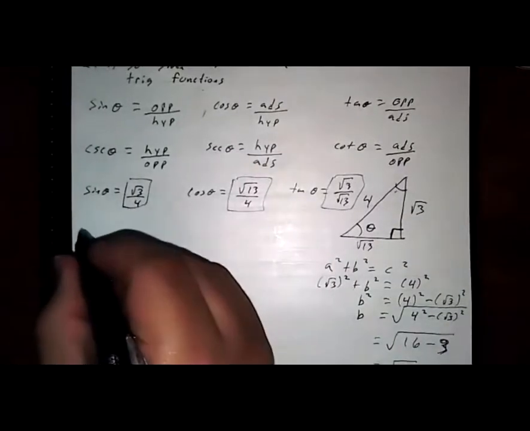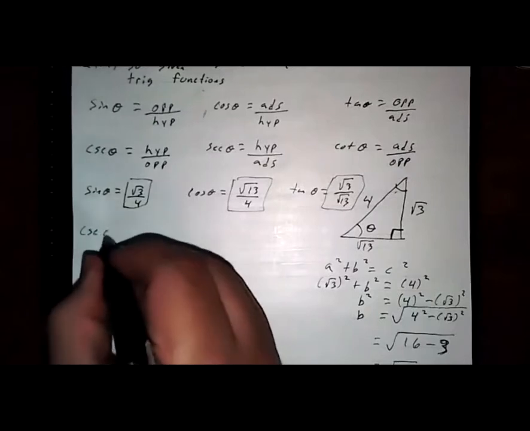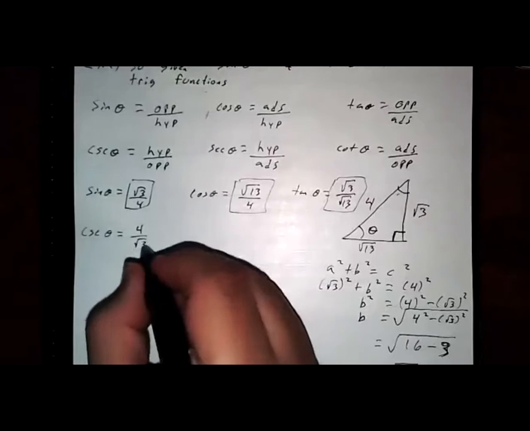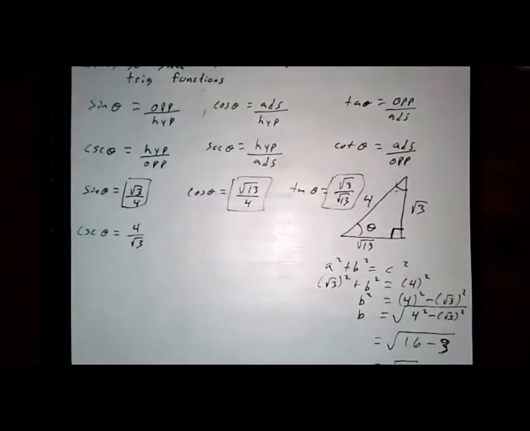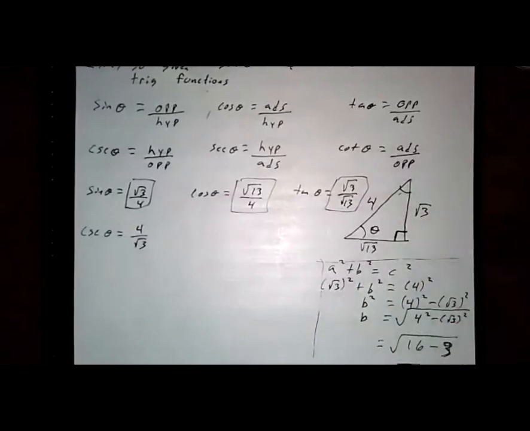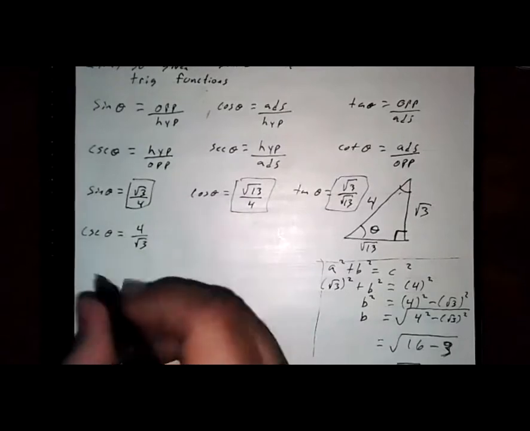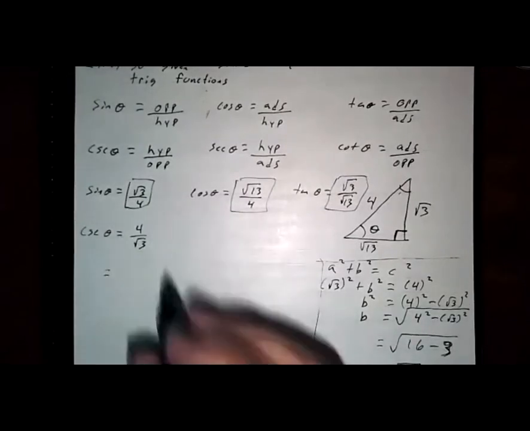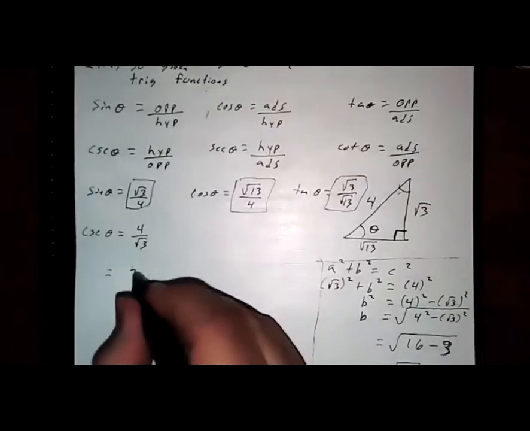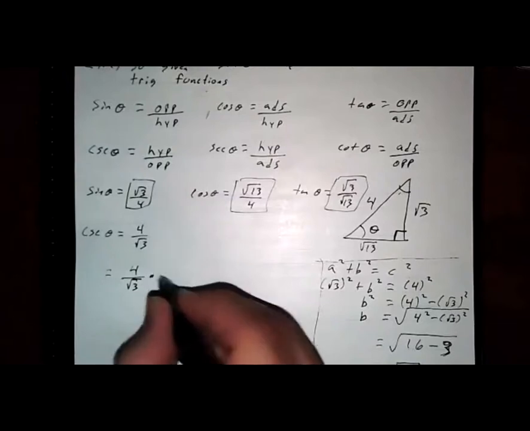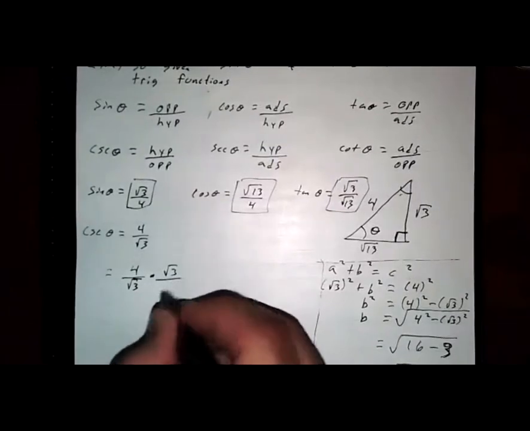Now, cosecant theta is just simply 4 over root 3, right? This is my scratch work. But they might rationalize this. Do you remember how to rationalize? We don't like square roots on the bottom. That's what they told us in algebra.